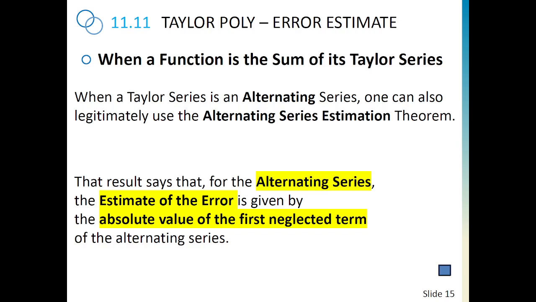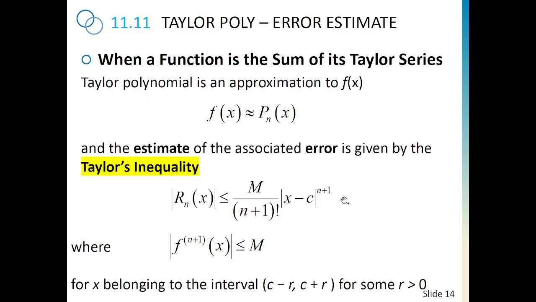Do you use the Taylor inequality, or the alternating series estimation theorem whenever you have an alternating series? It's up to you, but normally we use most of the time the Taylor's inequality because it's general and applies to all of our approximations. So regardless of the type of the series, Taylor inequality applies all the time.